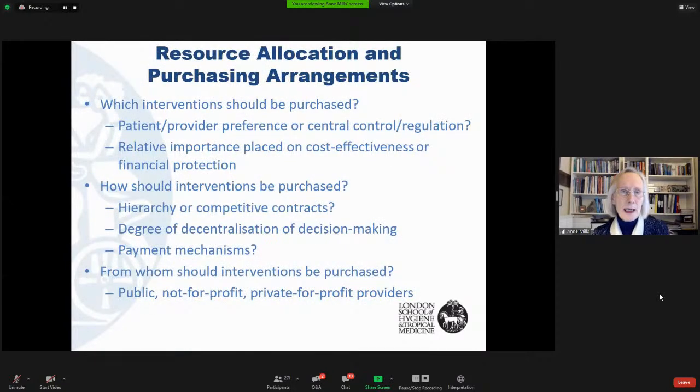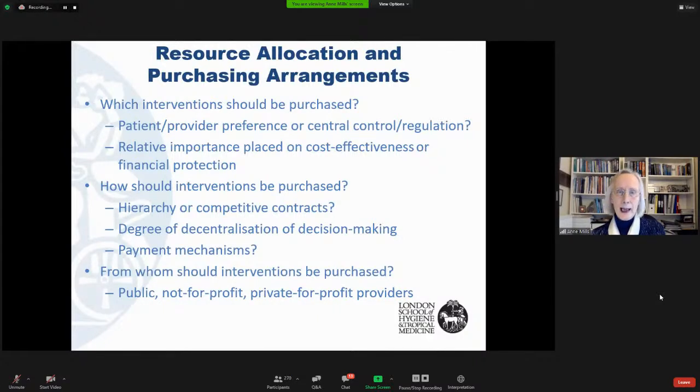And then the resource allocation and purchasing arrangements, again, a series of issues that differ across countries. One is, how is the purchasing decision approached? Is it a formal purchasing decision, or is it essentially a matter of patient or provider preference?